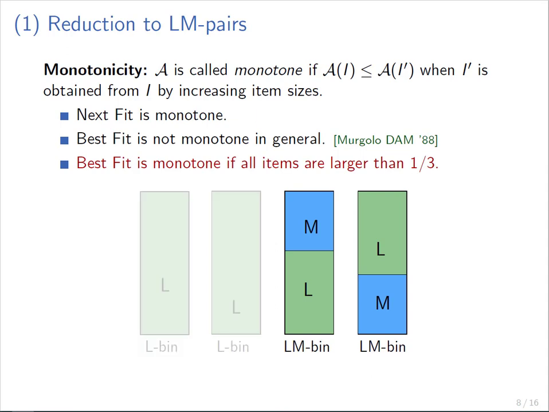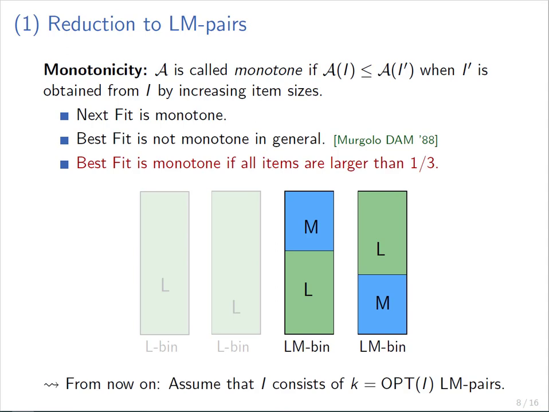So in the end, we obtain an instance of LM pairs only, and this is a nice structure to analyze. So from now on, we assume that I denotes a list of k LM pairs, and this implies that also the number of bins in the optimal packing is k, because this packing contains k LM bins.